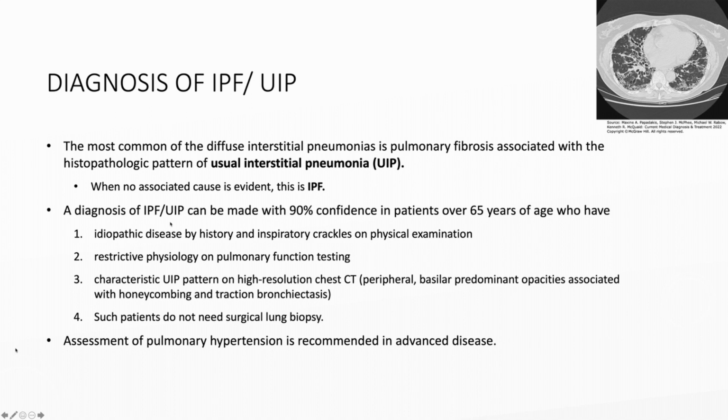And if we have a good idea that this is what it is, based on these findings, history, physical exam, PFTs, and CT, then patients do not always have to have a surgical lung biopsy, especially those that are older, because biopsies, while relatively low risk, can lead to problems in the older population.